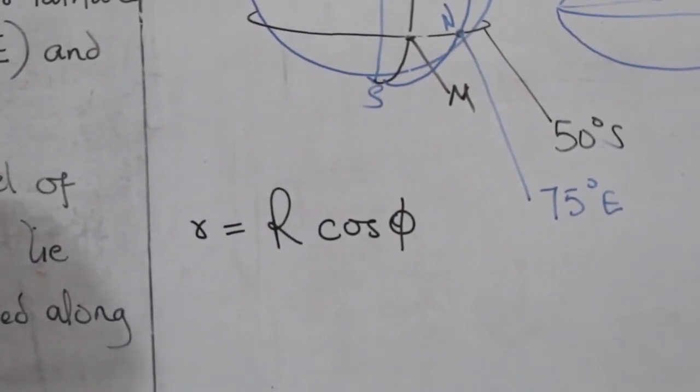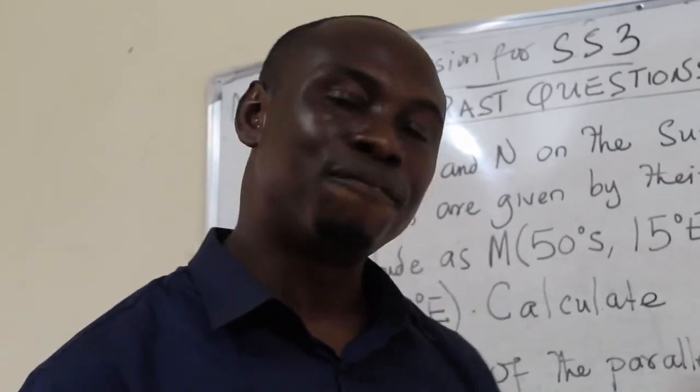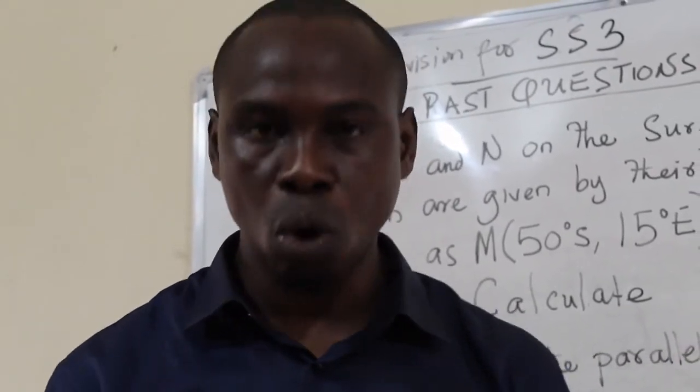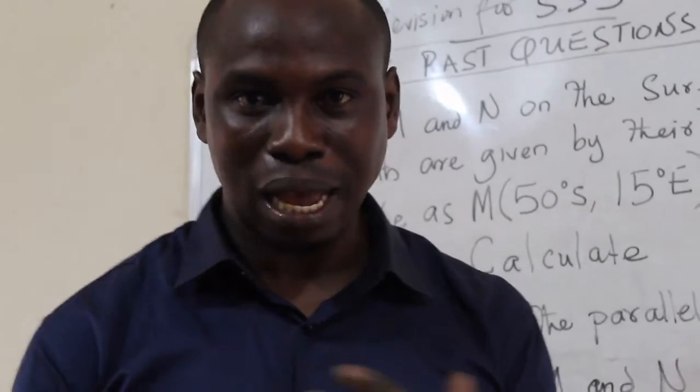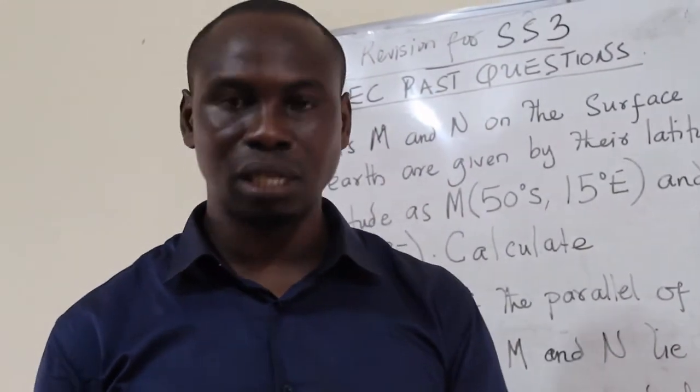I want my parents to do an assignment for me. I'd like them to go to the internet, research and find out how the radius of the world was calculated. Please, I want this to be an interactive session, so I'm also involving our parents in this session.